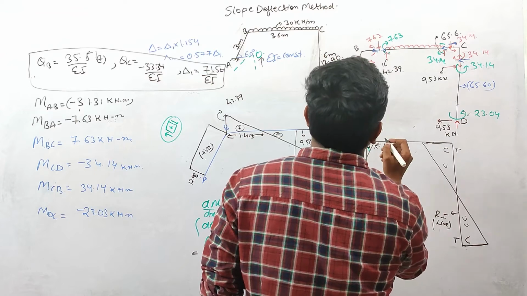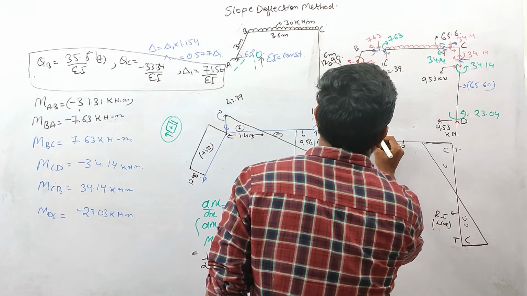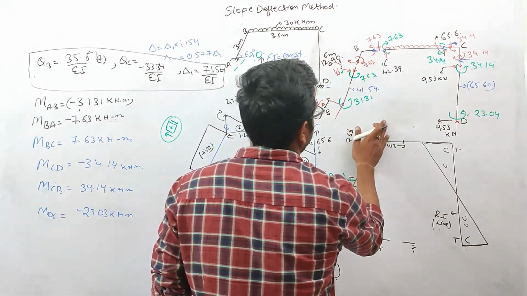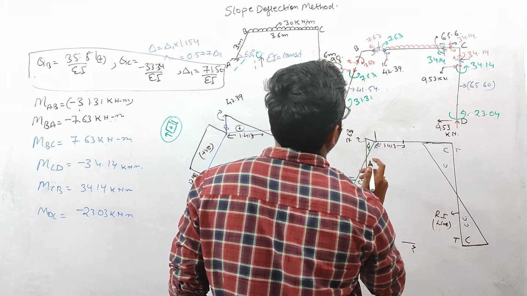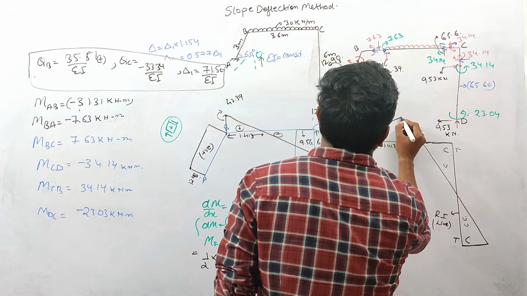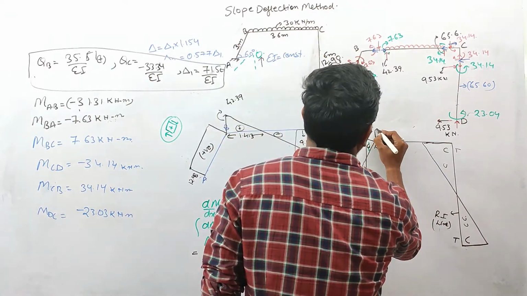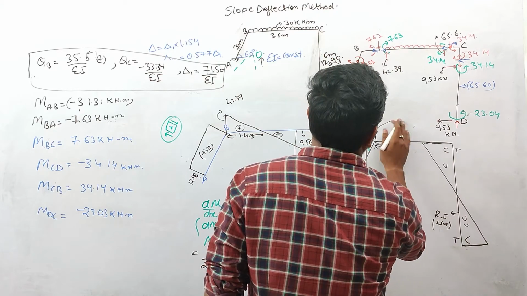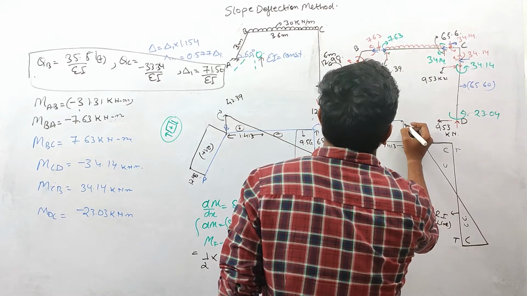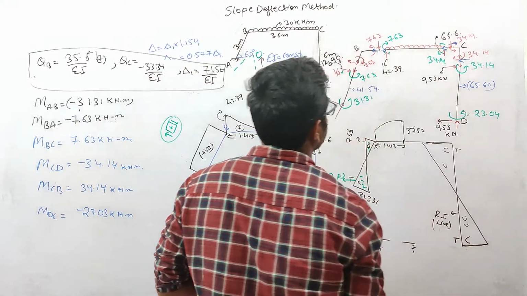So this is clockwise. The bending moment diagram will start from here, and the value will go like this, it is a curve basically. At this point it is maximum, 37.57, right?